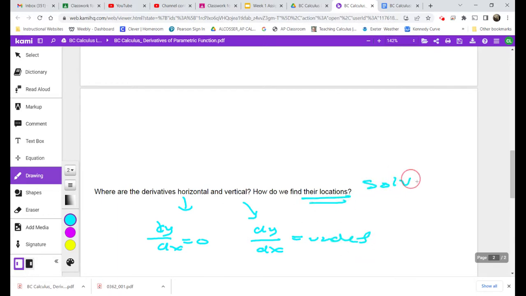Don't we solve and then plug into the original, just like we did last year? I'm going to go over a couple of quick things with you guys tomorrow in class, but that's the basic idea.